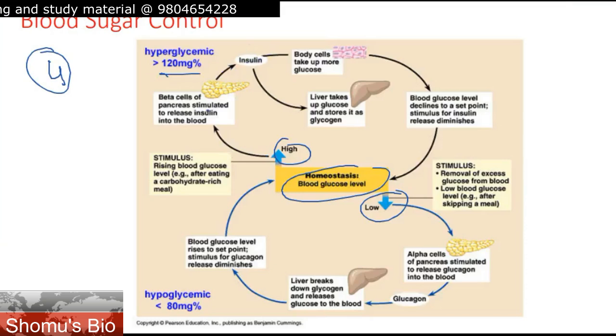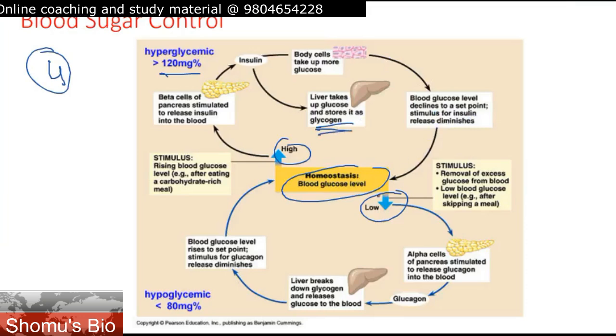In this condition, the beta cells of the pancreas are stimulated, and they release insulin, and the insulin causes the body cells to take up more glucose from the blood, and the liver takes up the glucose and stores it as glycogen. Okay, the blood glucose level declines, and a set point is restored. Then the blood glucose level can also fall below a certain level.